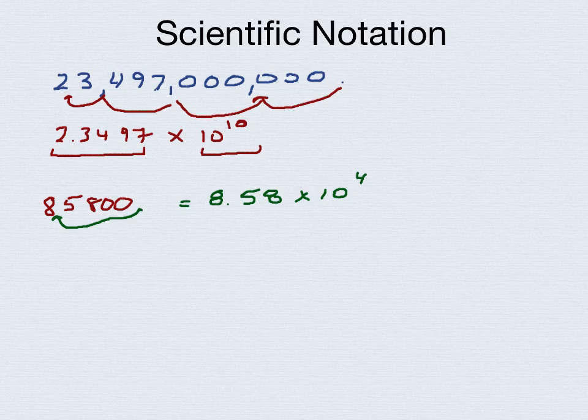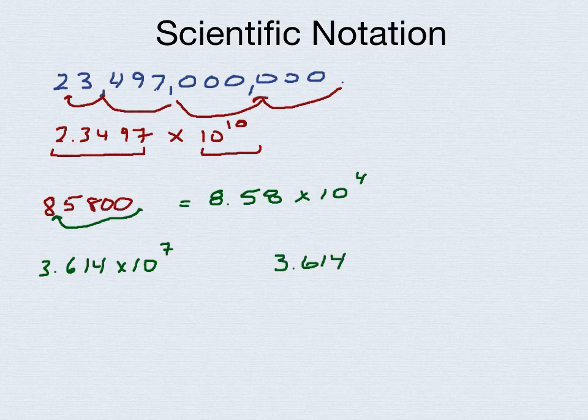For example, if we had a number written in scientific, 3.614 times 10 to the 7th. This is scientific, and you want to change it back into regular format. What I recommend that you do is rewrite the number and then move the decimal.